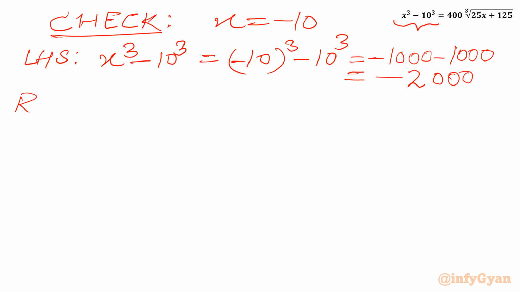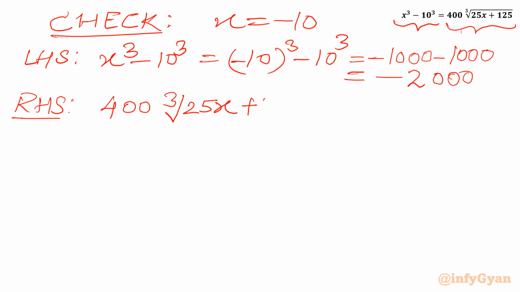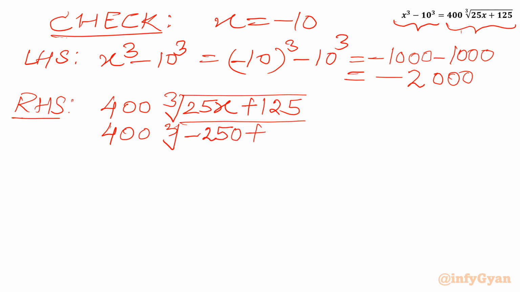Now the turn of RHS. RHS is 400 times cube root of 25x plus 125. So I can write 400 times cube root of 25 times minus 10, so minus 250 plus 125.